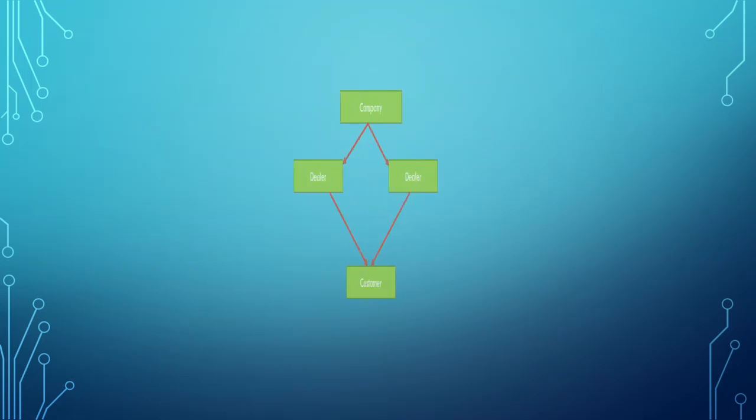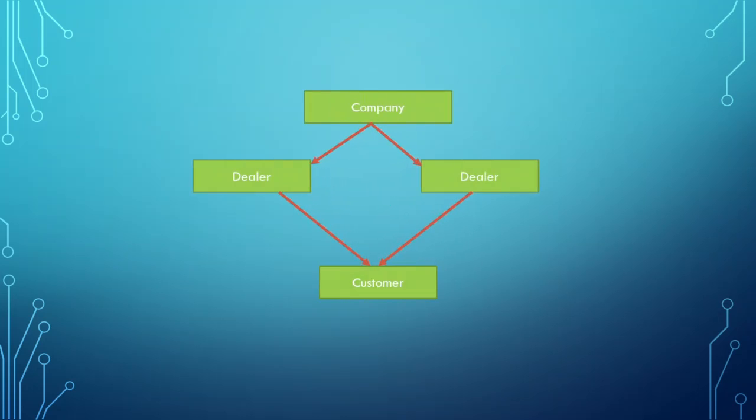Now we have a small diagram to explain the network model. Here we have a company, and the company sells the product to the dealer, and from the dealer the customer gets the product. So this is a small diagram which explains the network model.